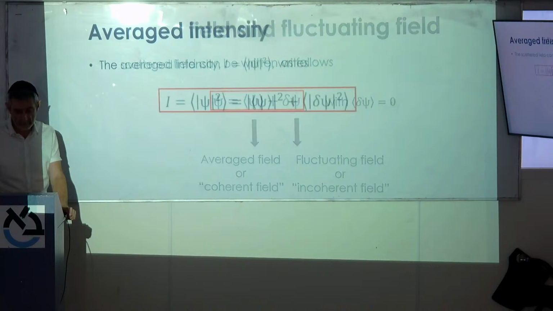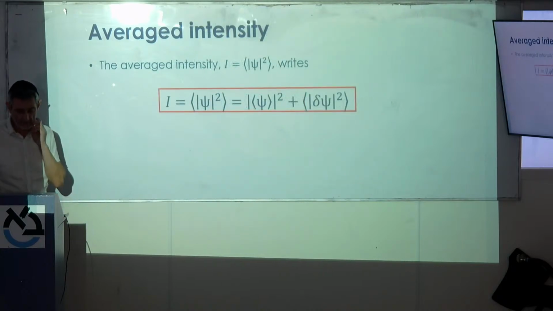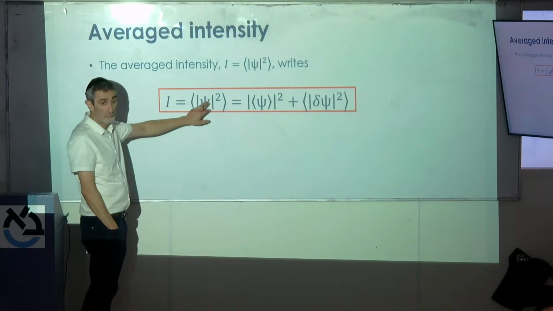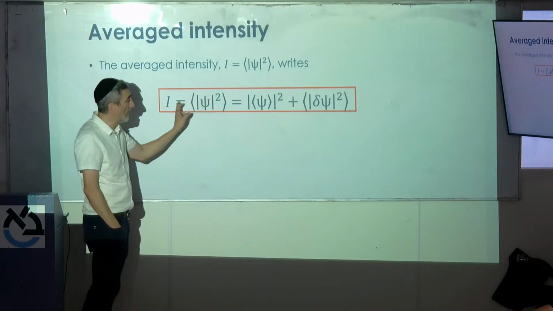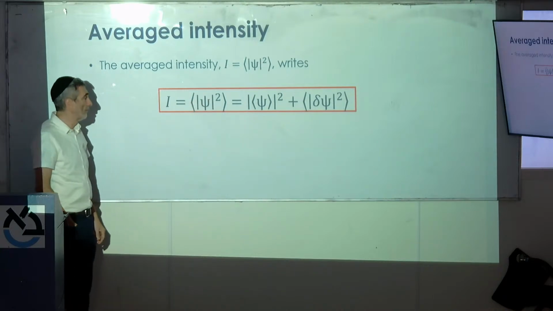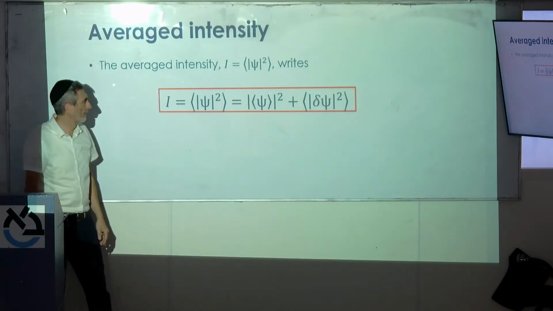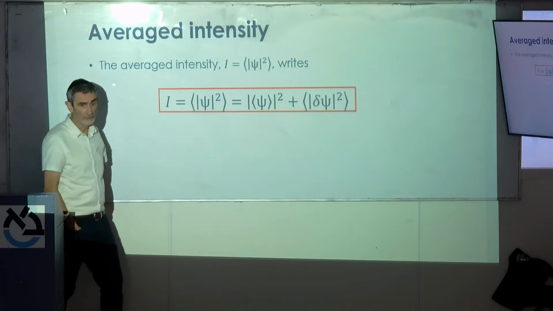Now you can take the intensity. So do you see where this expression comes from? I take the modulus of psi squared, the ensemble average, so it's the average of the intensity, right?